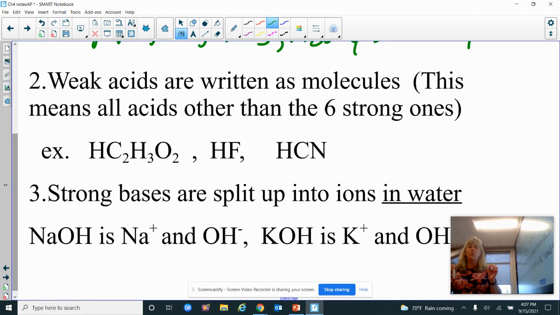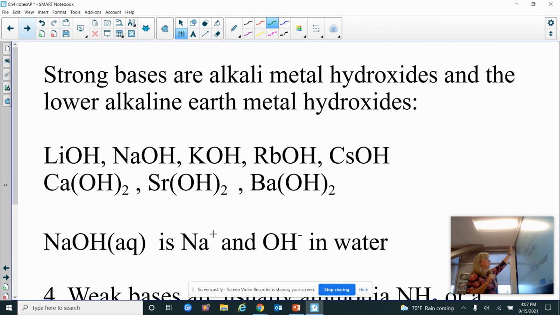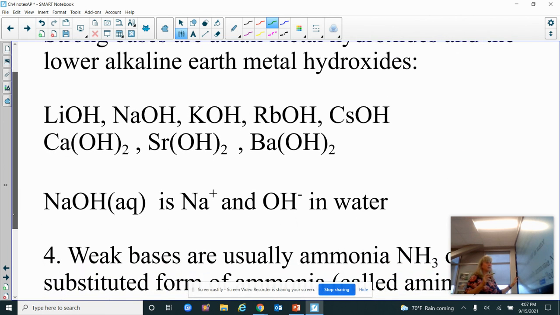You have to have water to have ions. If it's a solid base, it does not split apart on the reactant side if it says it's solid and it's not aqueous. And then again, here's our strong bases. So NaOH, aqueous, is really Na plus and OH minus in water.